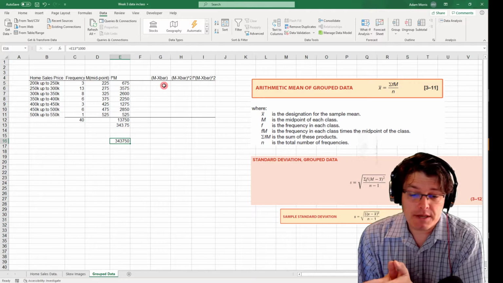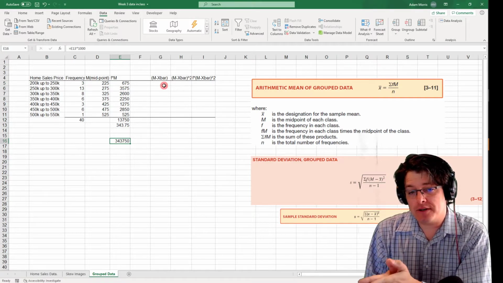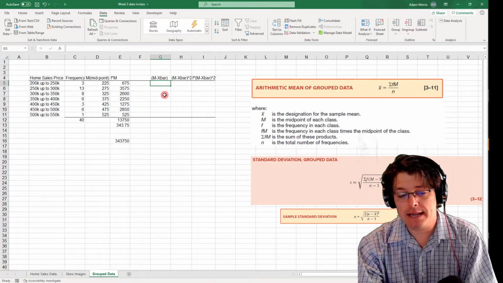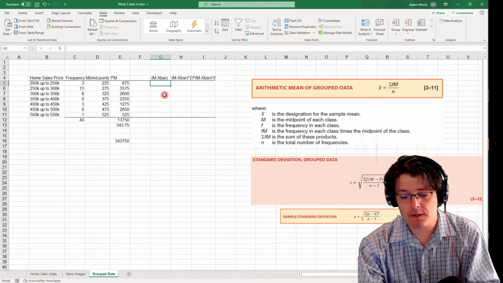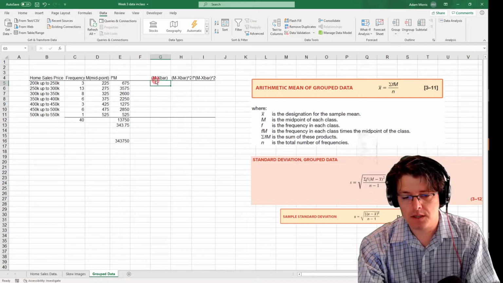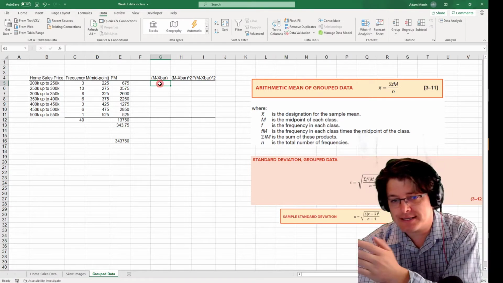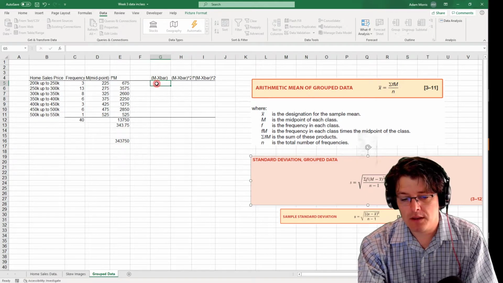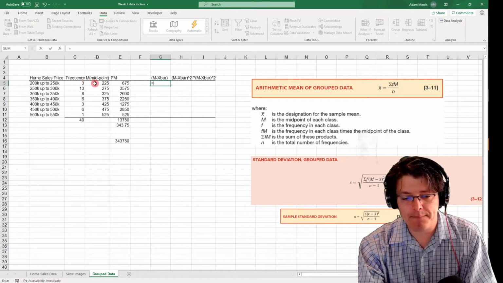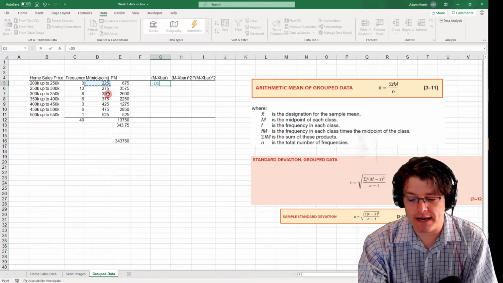Okay, we can do the same thing, or we can keep going with the standard deviation. Now, we're treating each midpoint as the value there. And so to calculate standard deviation, we're going to rely on the standard deviation of the grouped data. So we can have Excel do this for us. So what's m? Well, for this group, it's 225.